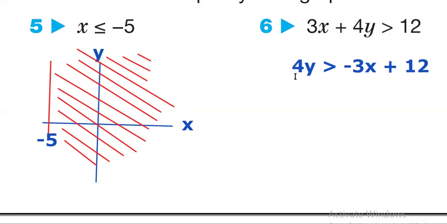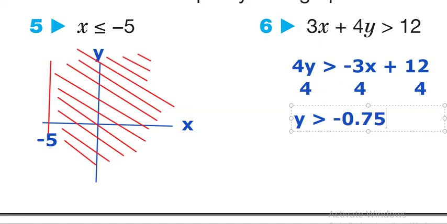Now I want to remove the 4, so I'm going to divide by 4 in every part here. 4, 4, 4. Now when you divide by 4, you'll end up with y here, bigger than negative 3 over 4, which is negative 0.75x. And then plus 12 divided by 4 is going to be 3. And this is the final inequality or equation for this line.